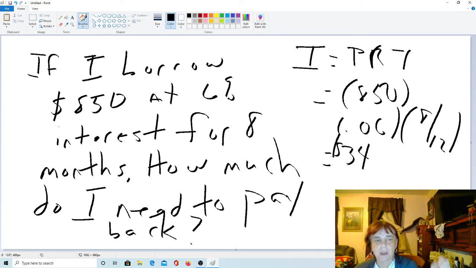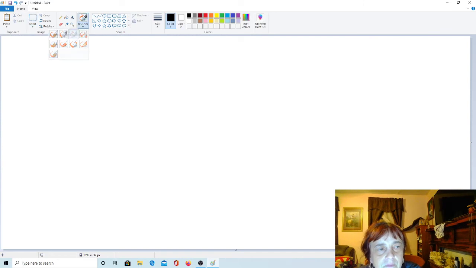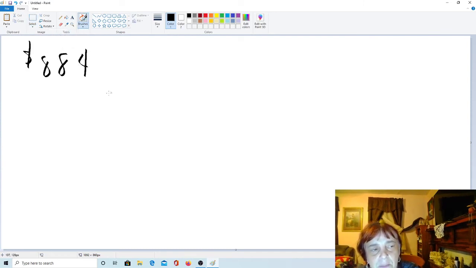So you've got to pay back the interest, which is $34, plus the principal. So it'll be $850 plus 34. It'll be $884. $884 is what has to be paid back.